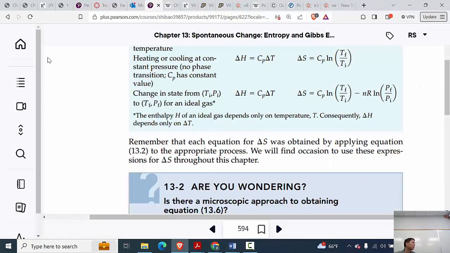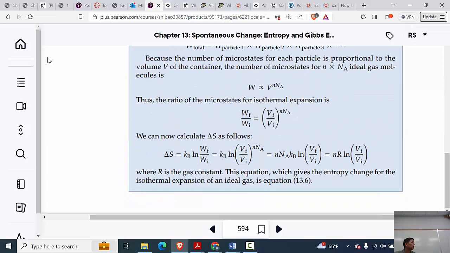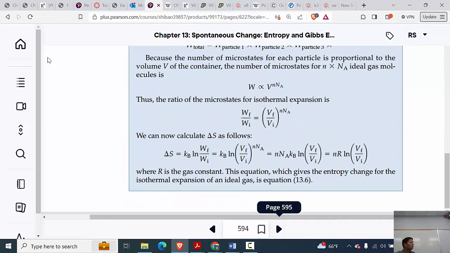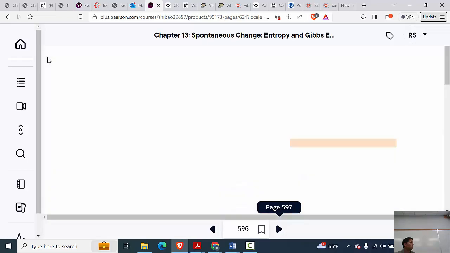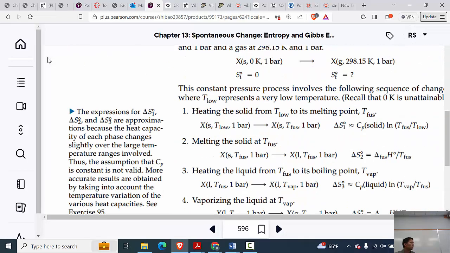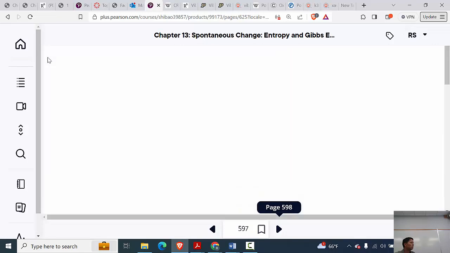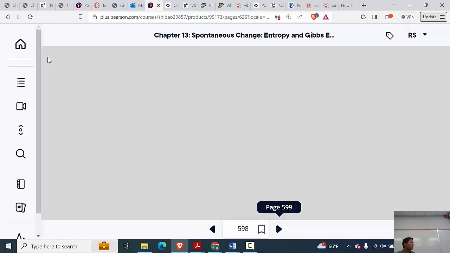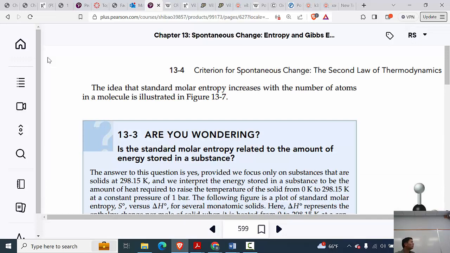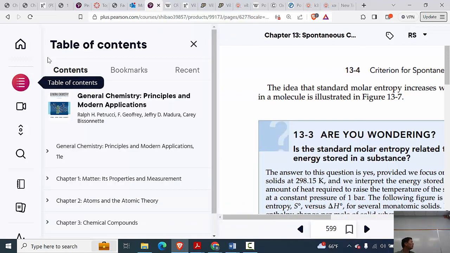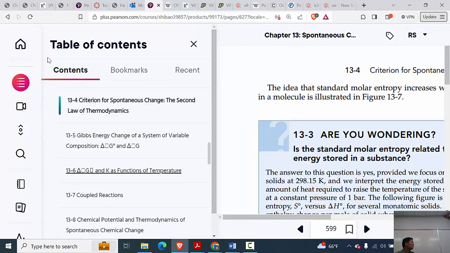And so let's take a look at the relationship a little bit more in depth here.